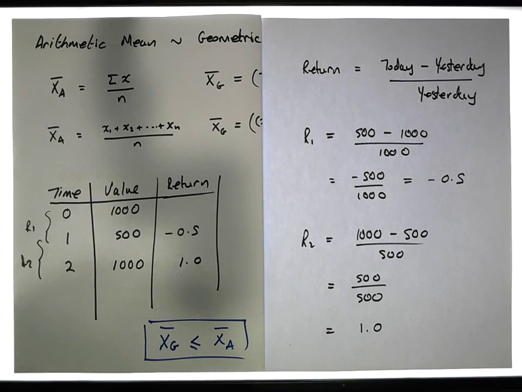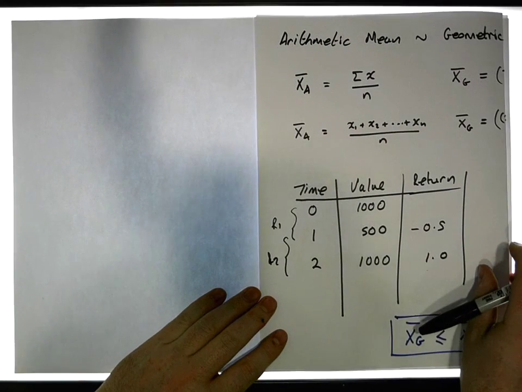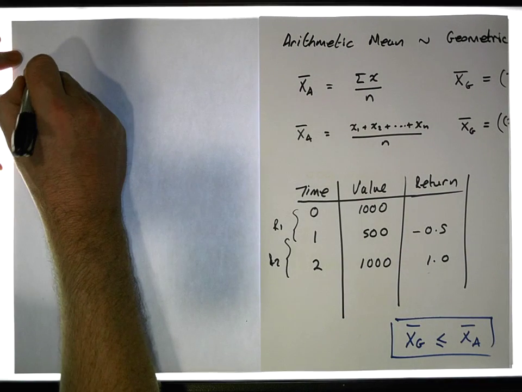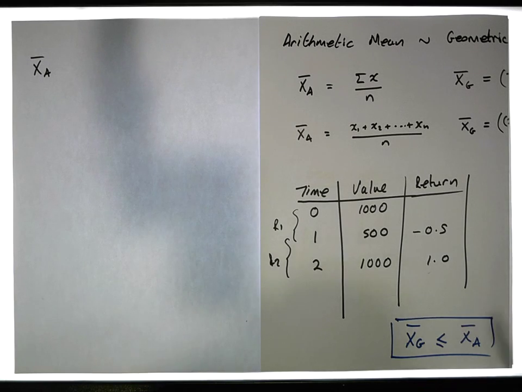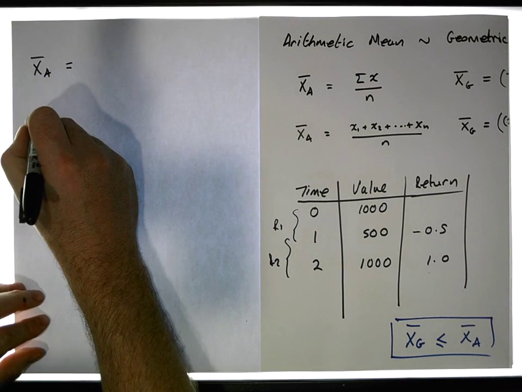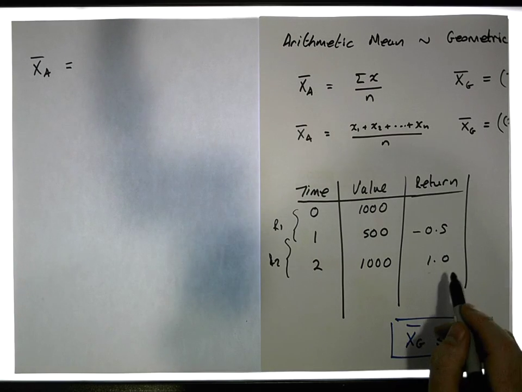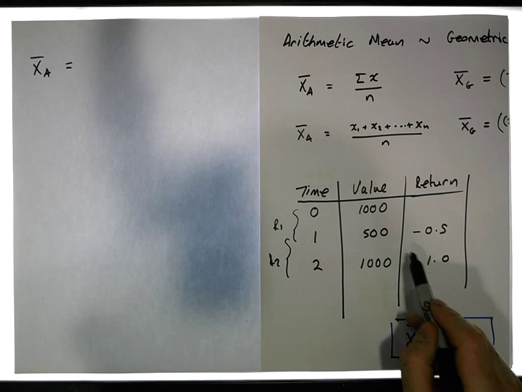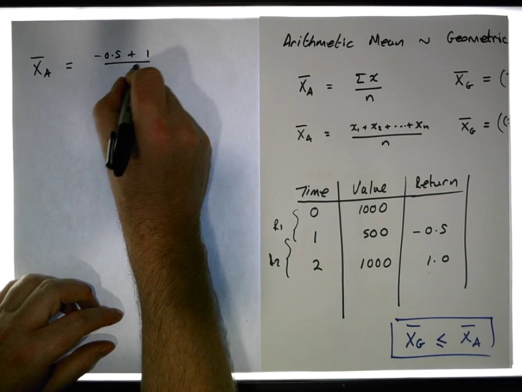Okay, now we have the returns. So now let's calculate the arithmetic mean, first of all. The arithmetic mean with respect to the returns is going to be minus 0.5 plus 1, all over 2.